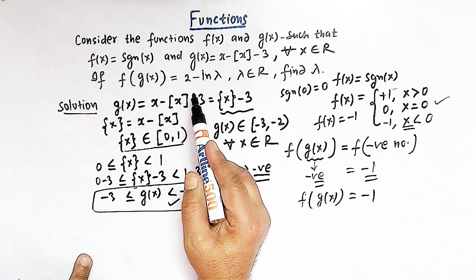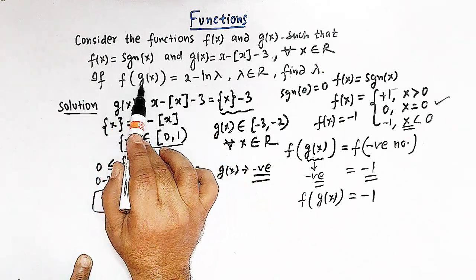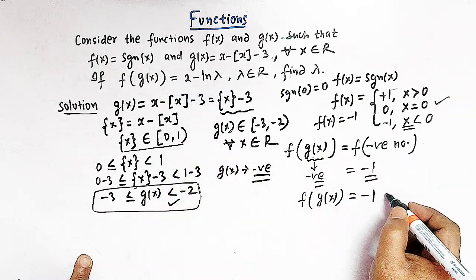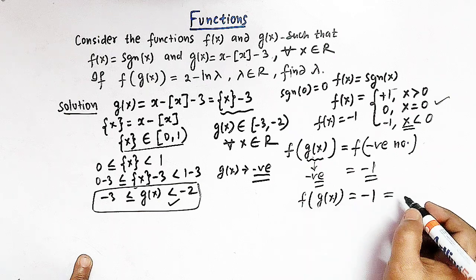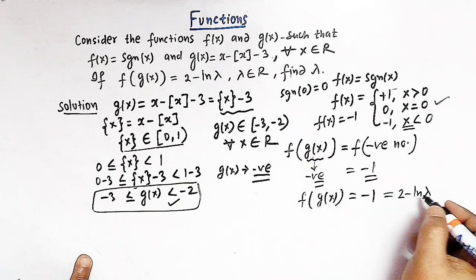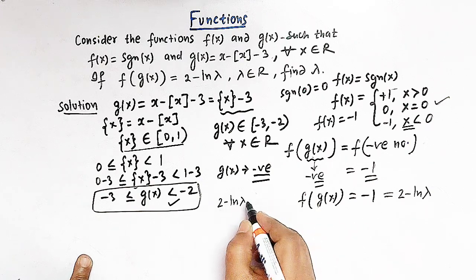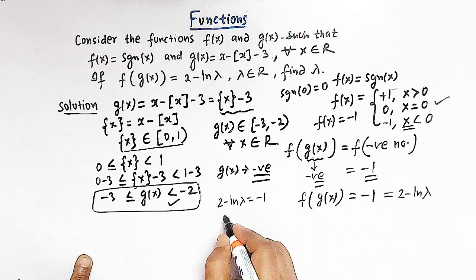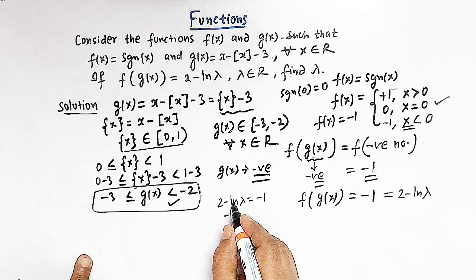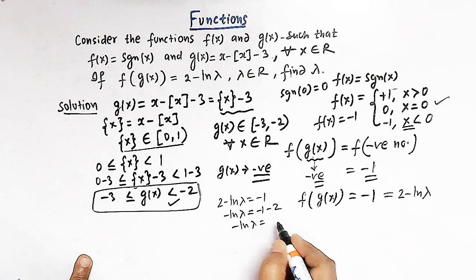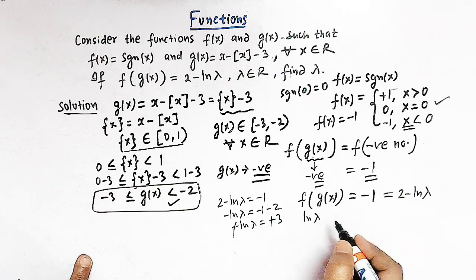Now in the given problem, f of g of x is equal to 2 minus natural log of lambda. So we have an equation in lambda: 2 minus natural log of lambda is equal to minus 1. So minus log of lambda is equal to minus 1 minus 2, which is minus 3, and cancelling the negative signs, natural log of lambda is equal to 3.